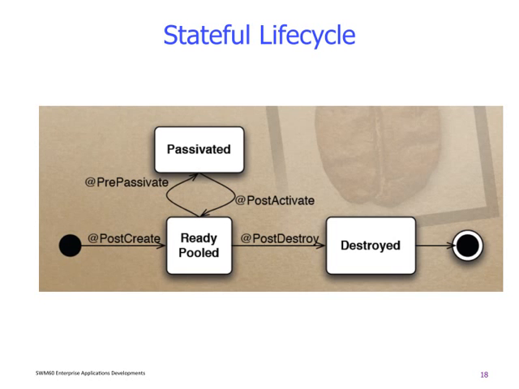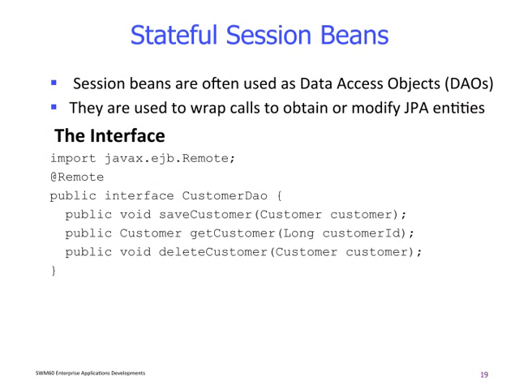So this is the stateful Enterprise Java Bean. Here is an example of a stateful session bean. This type of bean is used as a data access object. Same as the session bean, we need an interface and we need the body. The interface is remote. Let's call that interface CustomerDAO, customer data access object.